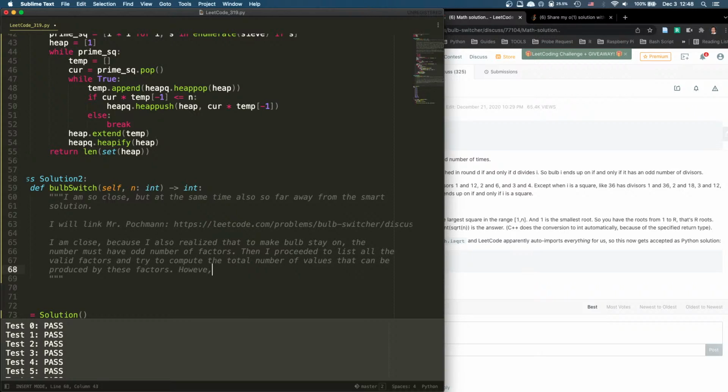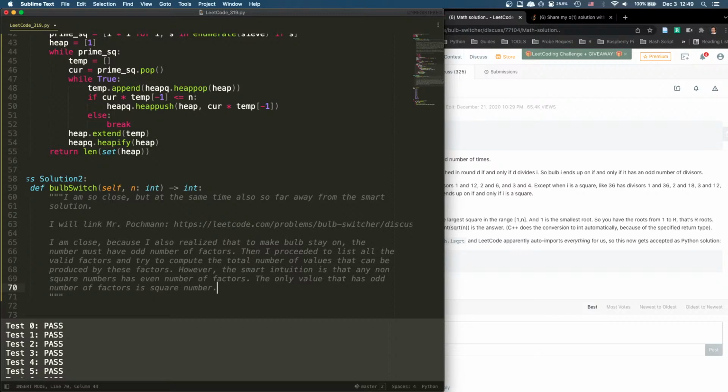However, the smart intuition is that any non-square number has an even number of factors. The only values that have an odd number of factors are square numbers.